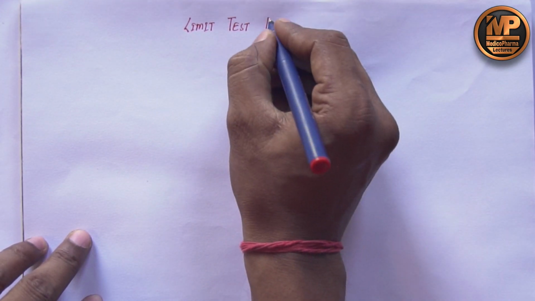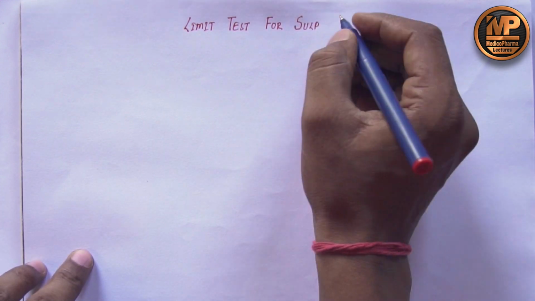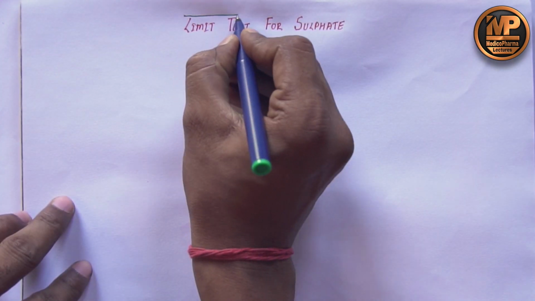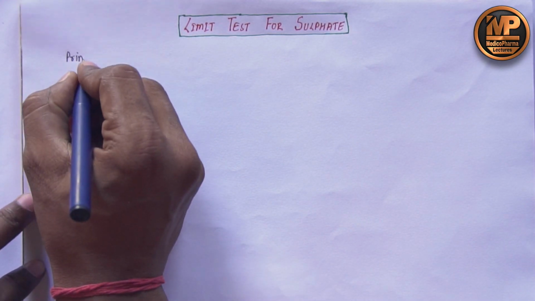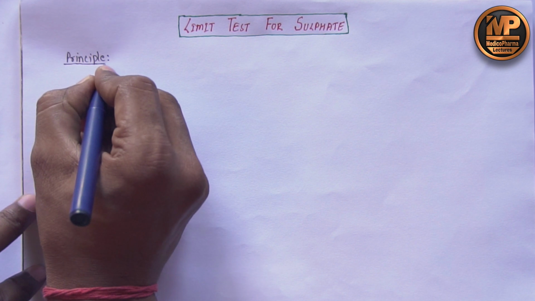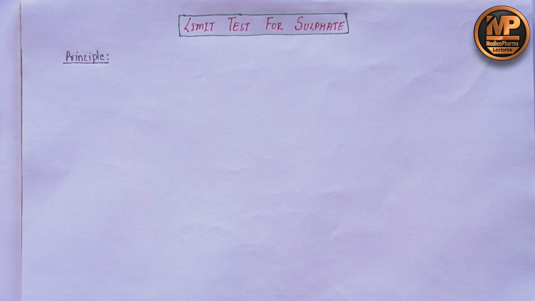Okay, so first of all we will give a title. Okay, that is limit test for sulfate. Below that we will write principle, and under this we are going to write the same thing whatever we have understood. Okay, so what we can write? We can write like that.